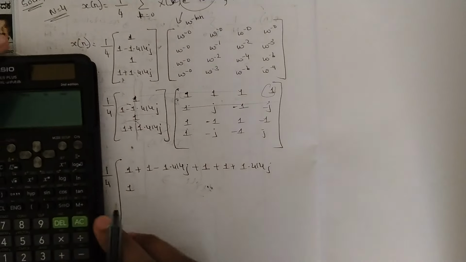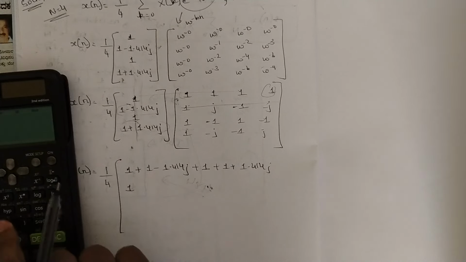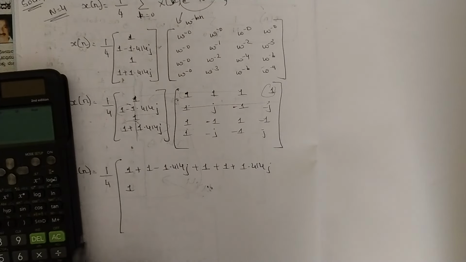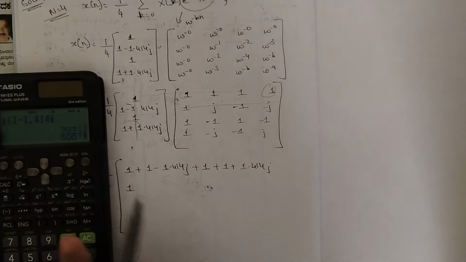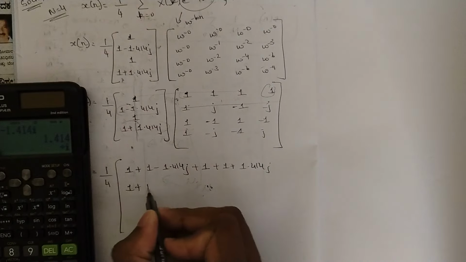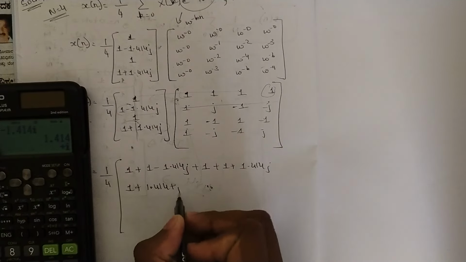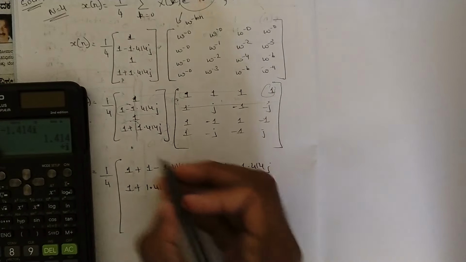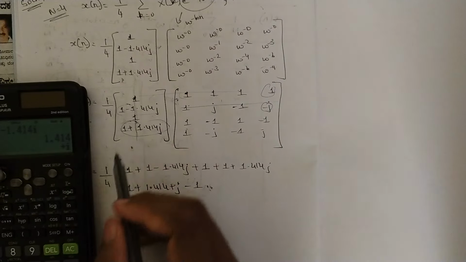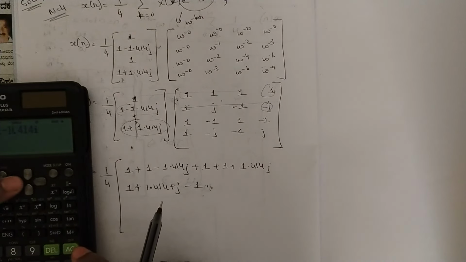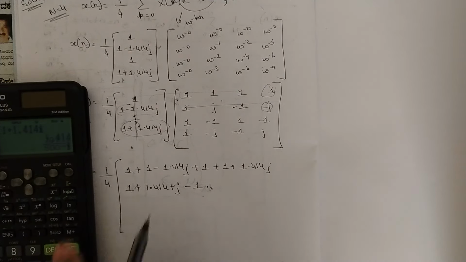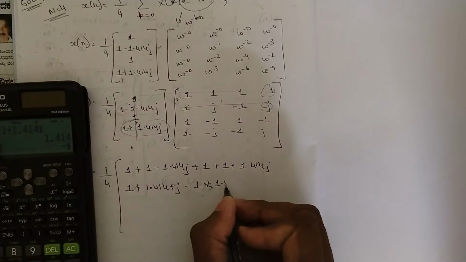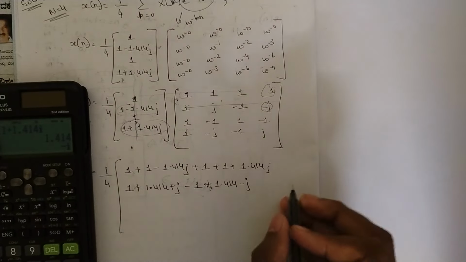Okay, put it in the calculator, we are getting 1.414 plus j, then 1 into minus 1 is minus 1, then we have this term into this term. So here we should be changing, this is 1 plus, and here you have minus j. So we got plus 1.414 minus j.